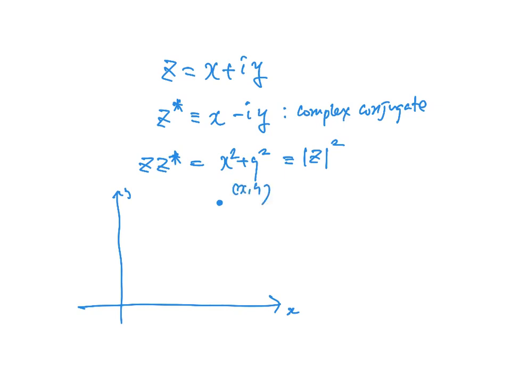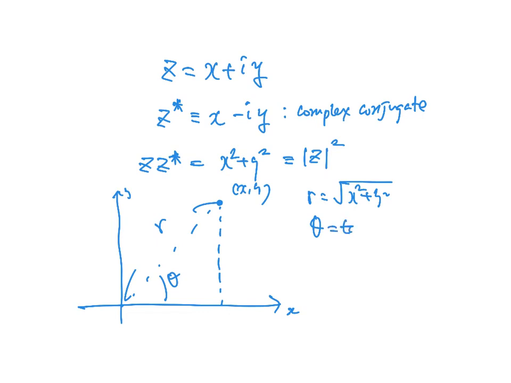So basically the complex number z represents a point in the xy plane, right? The complex number z is equivalent to the point in the xy plane. Then you can find the distance and angle. So r is the square root of x squared plus y squared.